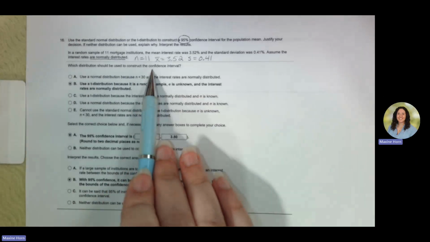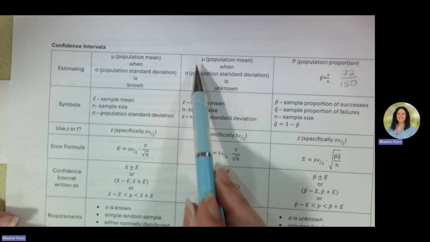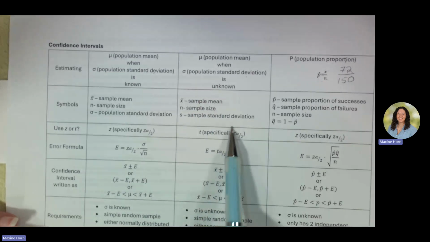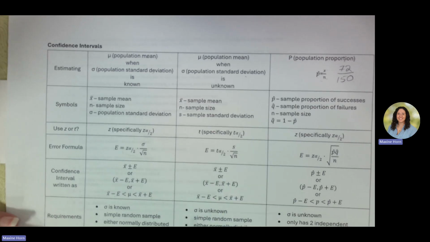Okay, so first thing is they're saying, which distribution should you use? Well, we know, because we've done it a million times, that if I have a sample standard deviation instead of a population standard deviation, I'm going to have to use a t alpha halves, a t-distribution, when I calculate all this.